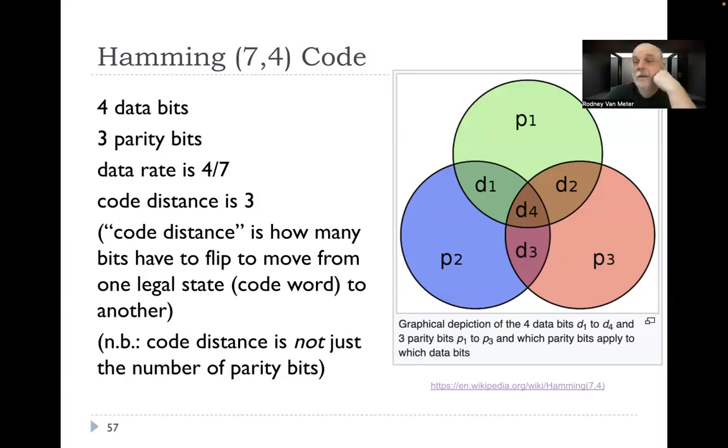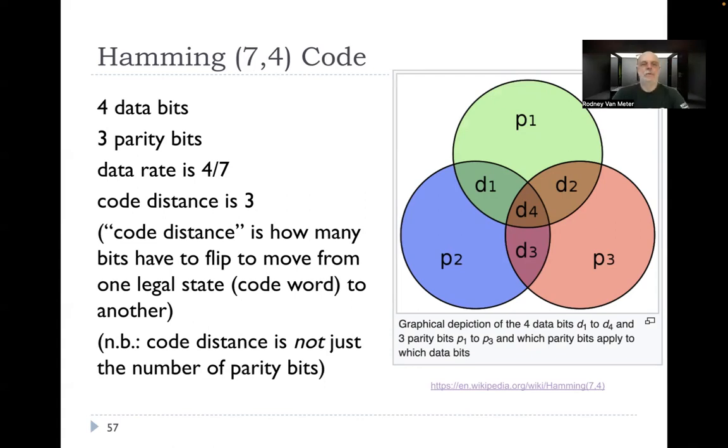And if you calculate a parity of a subset of the original data bits for each of those parity bits, then that gives you the ability to actually detect and correct a single error in the system.